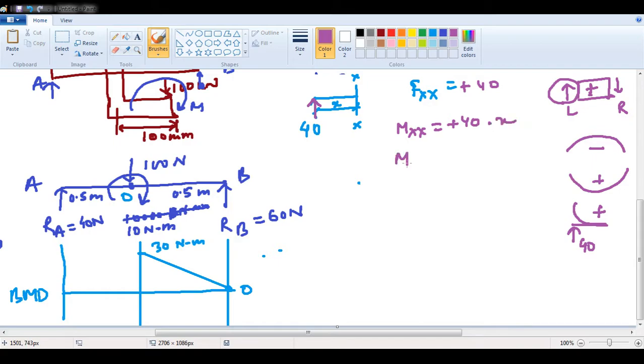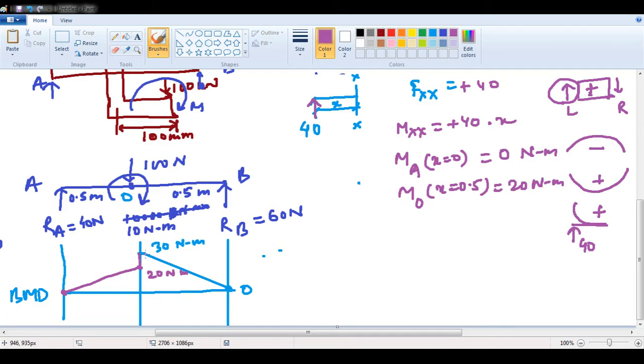So moment at A, moment at O. Moment at A is equal to 0, correct? Moment at O is what? At a distance of 0.5. So at A this will be 0 Newton meter, and half of 40 is 20 Newton meter. So when you see here, at A it is 0 and at O it is 20. So 20 should lie somewhere down. So this is 20 Newton meter.